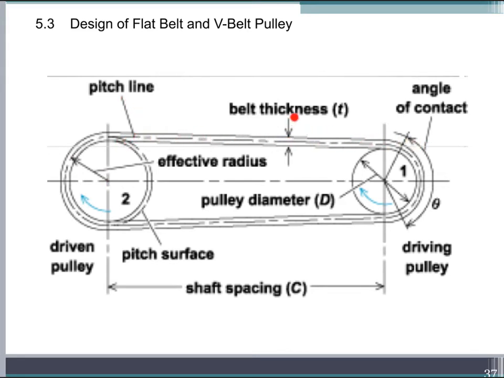we have the belt thickness here, and then we have the angle of contact. The angle of contact for the small and large pulley is different, because for the small pulley you can see here the angle of contact is less than 180, but for the large pulley the angle of contact is usually more than 180.